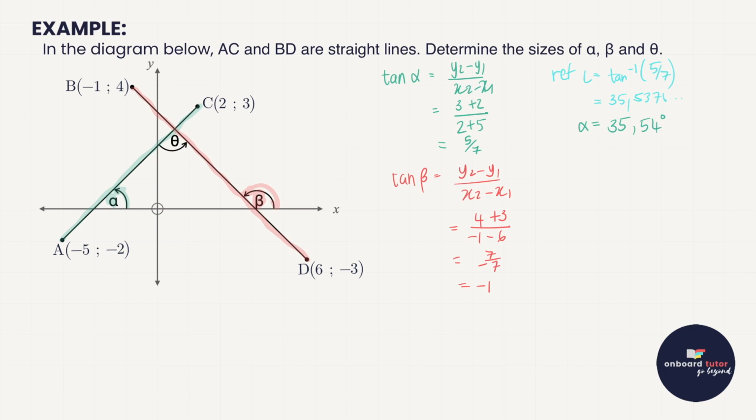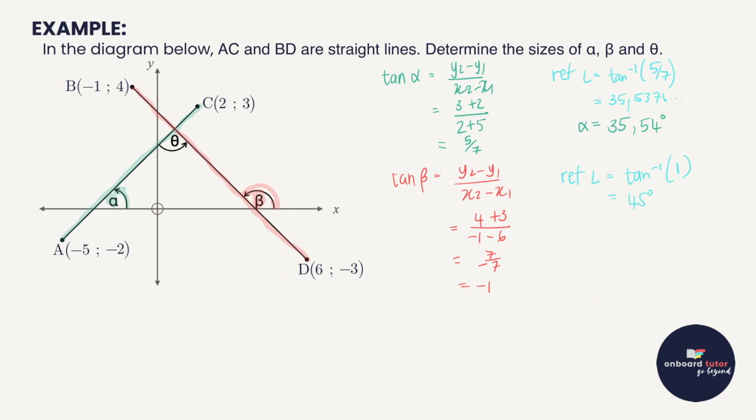That's a negative gradient, so I'm mindful that something is going to change when I get to my reference angle. So the reference angle is equal to arctan of, not minus 1, but 1. Be careful there. The reference angle ignores the sign for now.